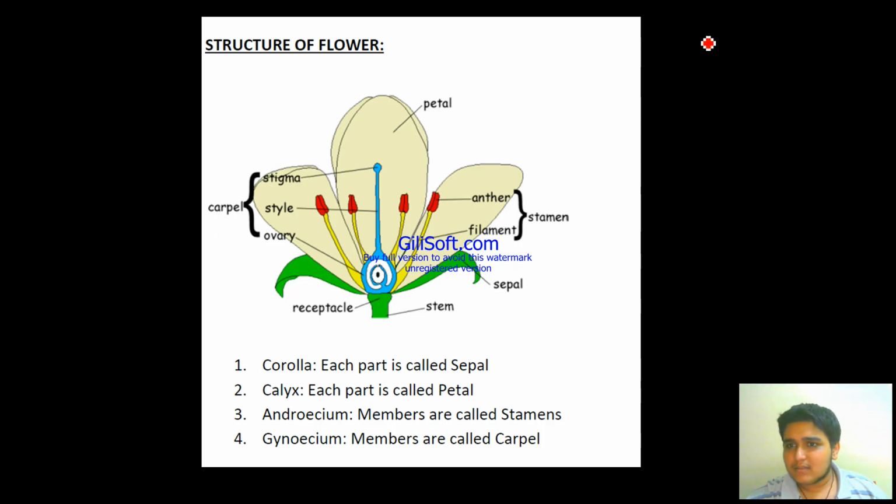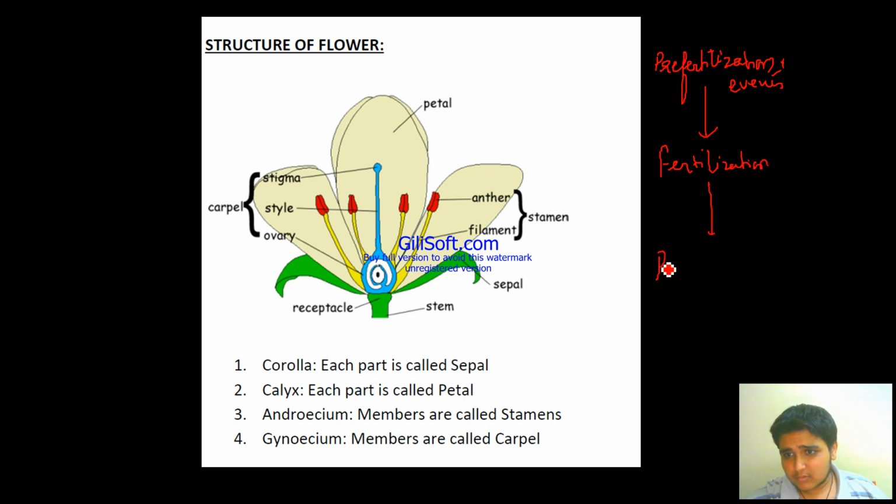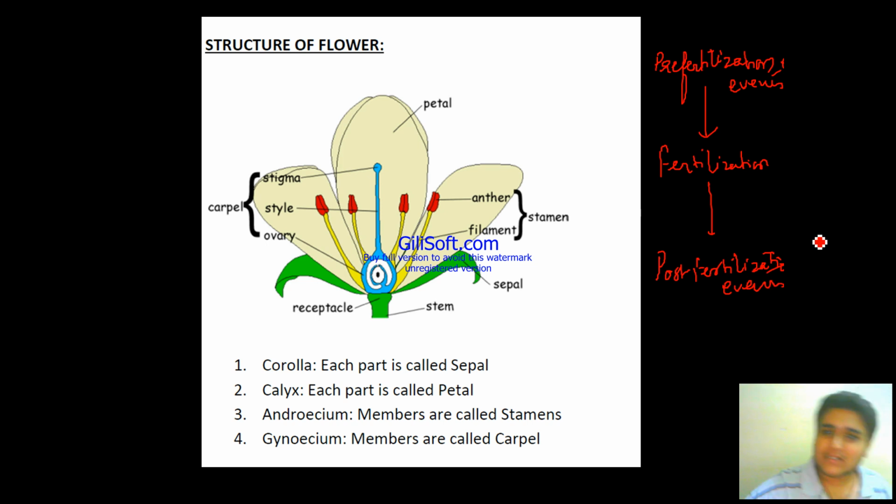So as I was saying, there is pre-fertilization events. Followed by that, there is fertilization, and followed by that, there is post-fertilization events, right? And in pre-fertilization, we discuss about gametogenesis.